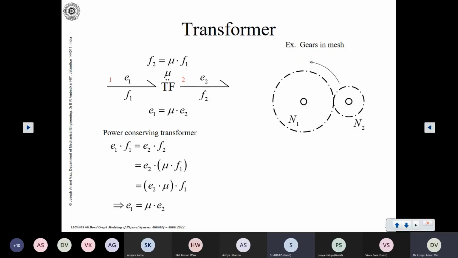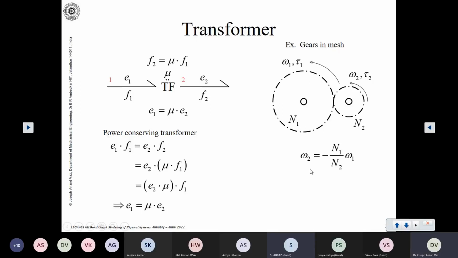Let's assume that counterclockwise sense of rotation is positive, and we have angular velocity omega 1 and tau 1 as the angular velocity and torque associated with the gear shaft, and angular velocity omega 2, tau 2. Of course, this is indicating the convention. It's not that it actually rotates in this direction, it's just showing the positive convention.